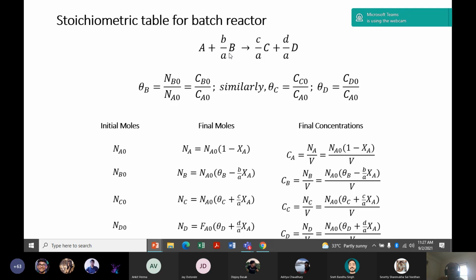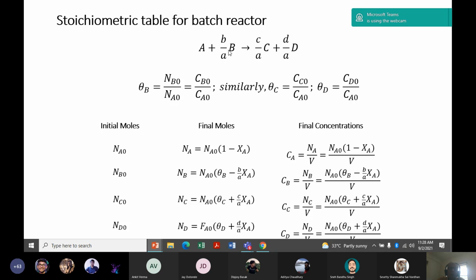If we use B with the same stoichiometric ratio, then there will be no difficulty in solving the problem. But if we use a different ratio, suppose as per the reaction B is required to be twice of A, so A plus 2B is the reaction, then B by A is required to be 2.